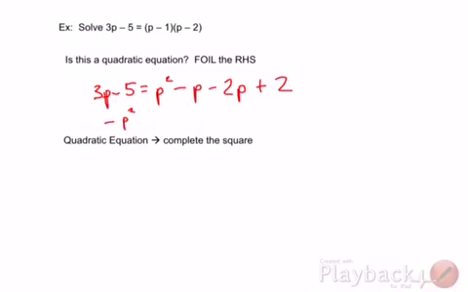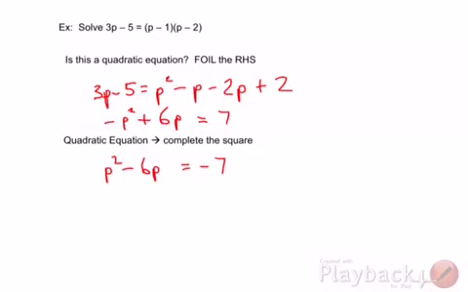When I bring that over, it'll become plus 3p, so that's plus 6p is equal to, when I bring my minus 5 over, it becomes plus, so 5 plus 2 is 7. Now I don't really like having the minus there, so I'm just going to switch it around. So p squared minus 6p is equal to negative 7.